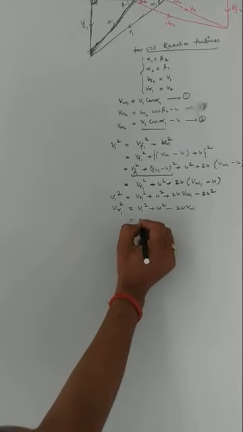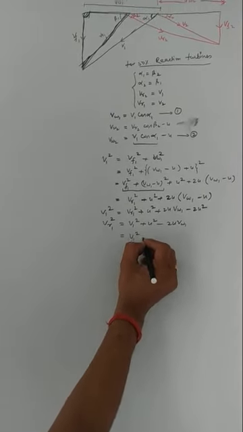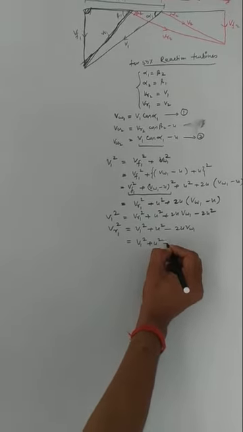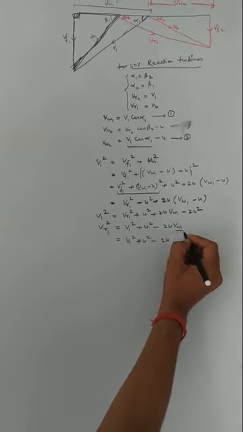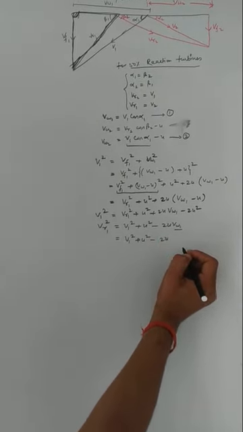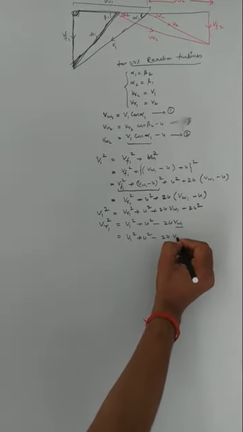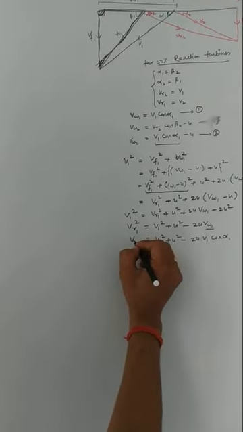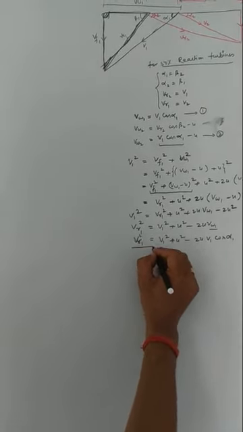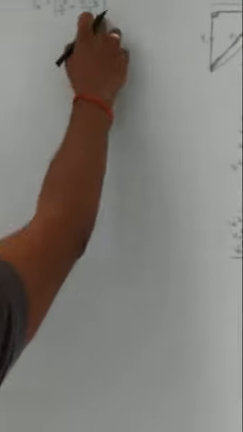We can place the value of VW1 in terms of angle alpha 1, so we can write V1 cos alpha 1. VR1 square is written in this fashion. Now put these values in this equation.